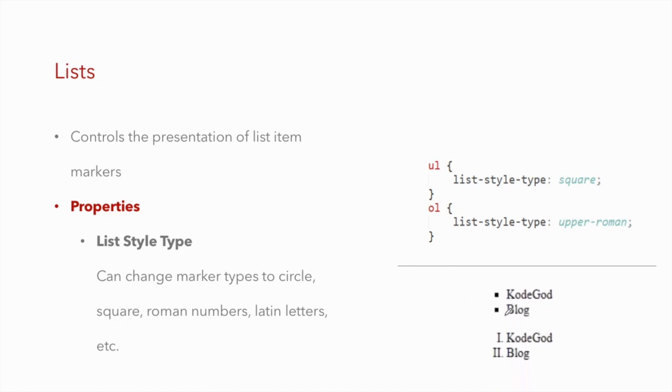Those markers can be displayed like this: you can specify square, circle, Roman numbers or Latin numbers, etc. To set the style for the list items, you can use the property list style type, and then specify square, circle, and so on. These symbols are applicable to the unordered list or UL tags, and upper Roman and Latin letters can be applied to the OL tag, that is the ordered lists.